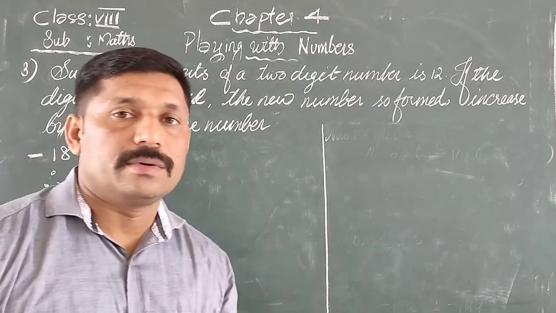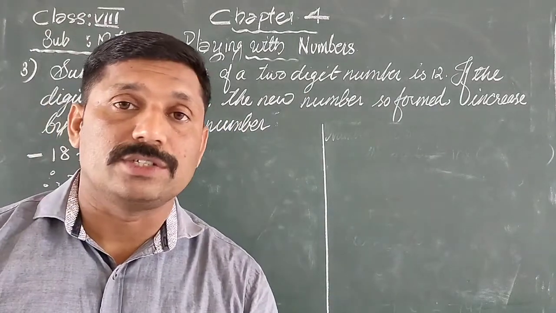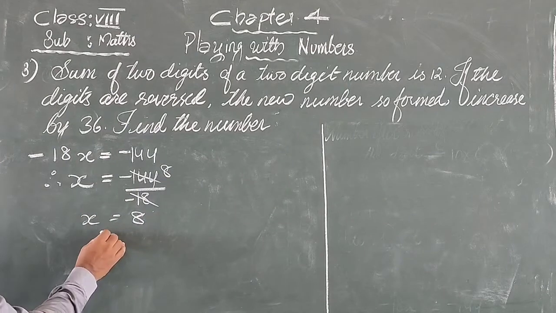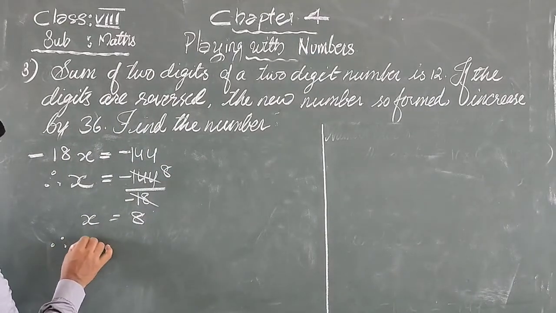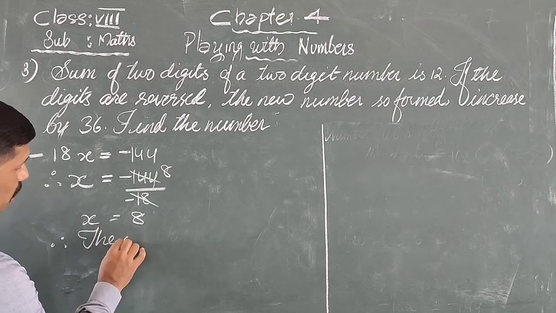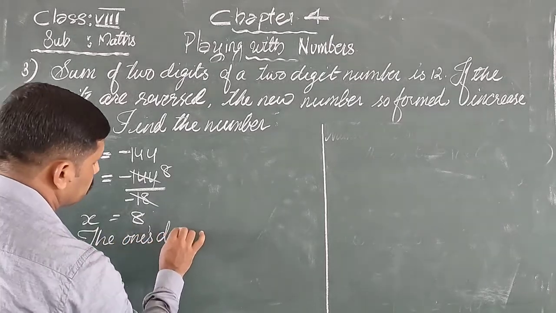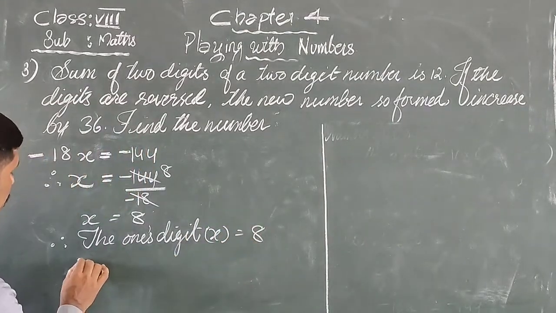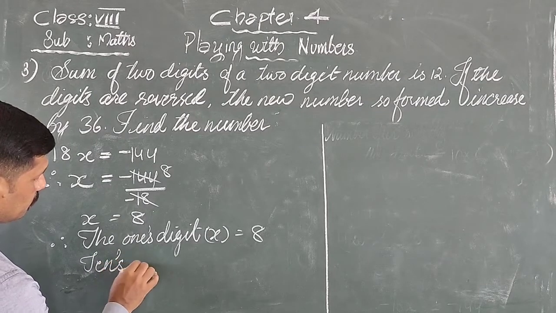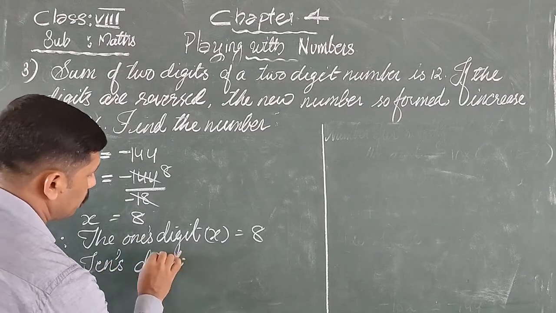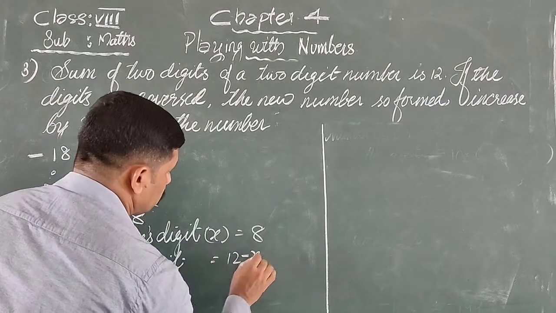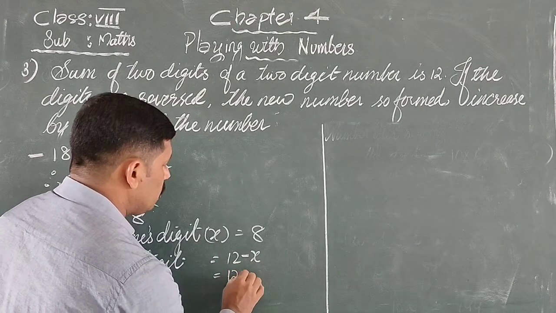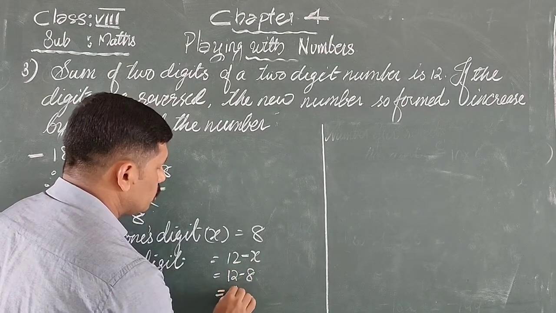We have assumed x is the ones digit, and the tens digit is 12 minus x. So x here means the ones digit. Therefore, the ones digit x is equal to 8, and the tens digit is equal to 12 minus x. From 12, if x is subtracted, that means 12 minus 8, which is equal to 4.